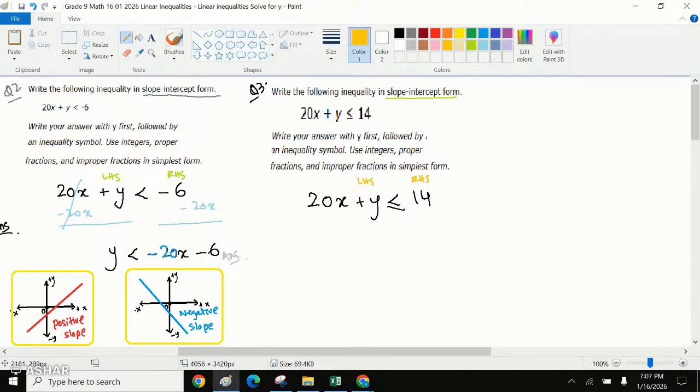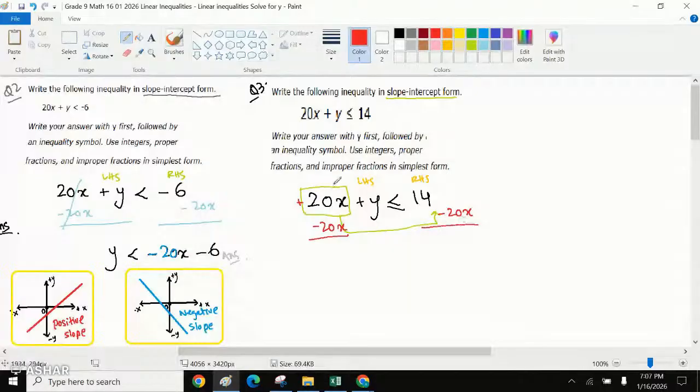Do we agree on that? So can we take this variable to this side? Whenever we are changing the side, basically what we are doing is a subtraction. Since this was positive, we do a minus 20x on either side.